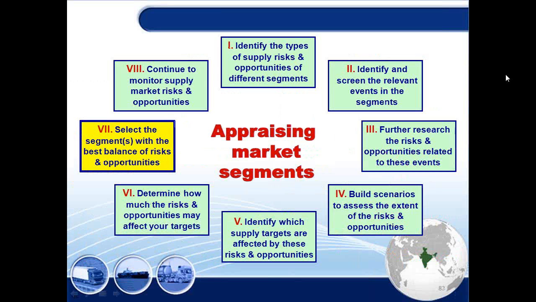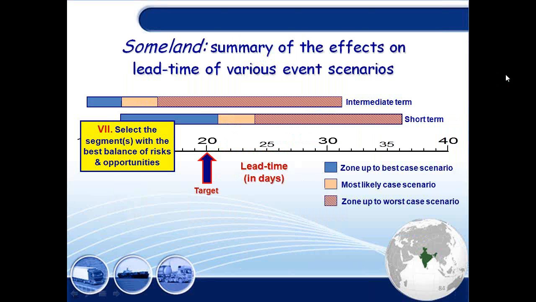Now here we're trying to find the best balance of risk and opportunity. If you look at the three colors, short term, intermediate. In the best case scenario, your target was 20, and you are still within it in the short term.